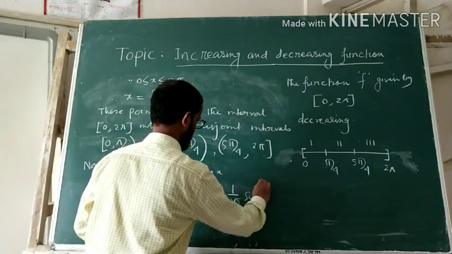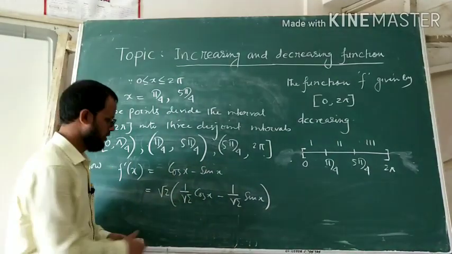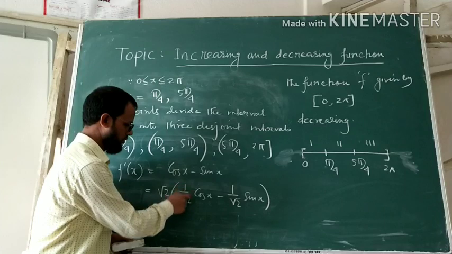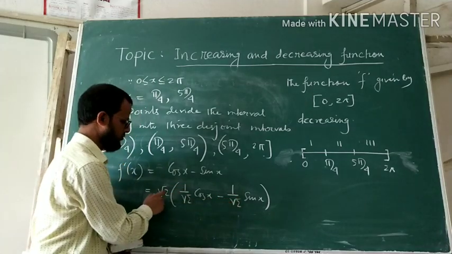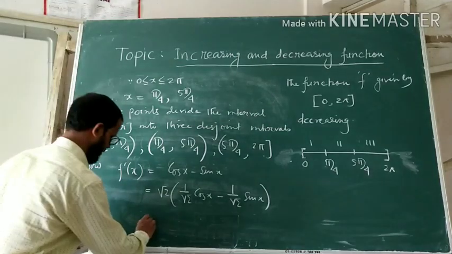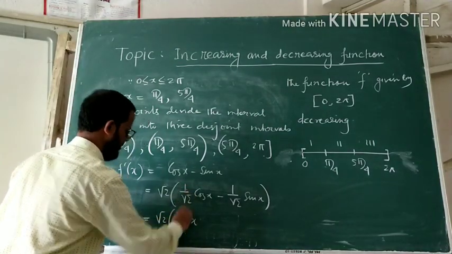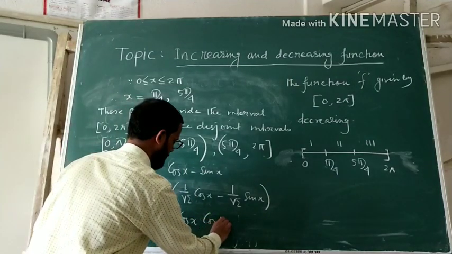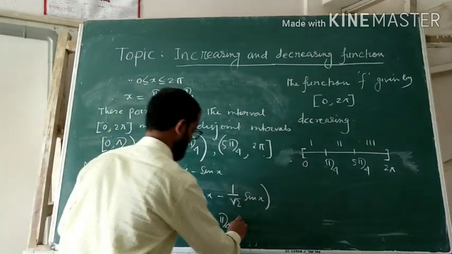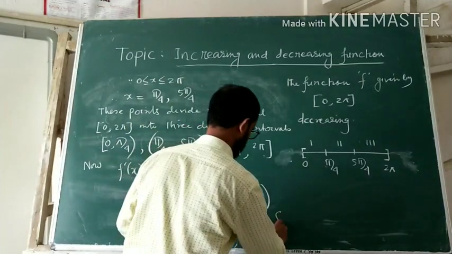I am multiplying by root 2 and dividing by root 2. So ultimately you take 1 by root 2 common, and the root 2 cancels, so the expression remains balanced. This can be written as cos x times cos pi by 4, since 1 by root 2 is cos pi by 4, minus sin x times sin pi by 4, since 1 by root 2 is also sin pi by 4.